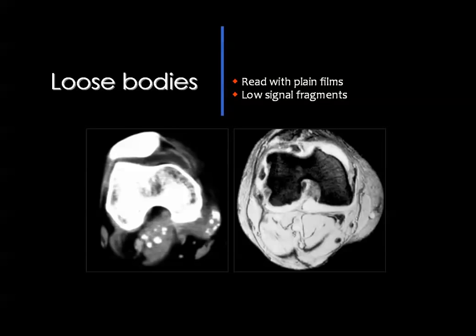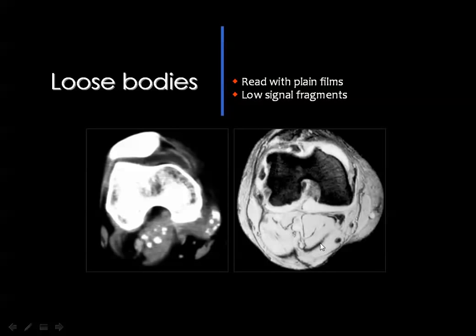Loose bodies are most commonly the sequelae of osteoarthritis, but in the beginning era of MRI, we used to read the MR examinations of any joint together with the plain film of the same joint in order to avoid some of the common mistakes, like misinterpreting loose bodies as any other pathology, or to miss the diagnosis of one of these loose bodies.